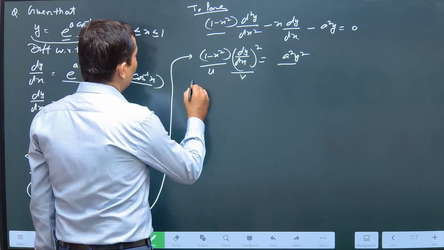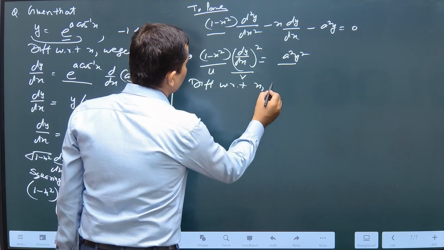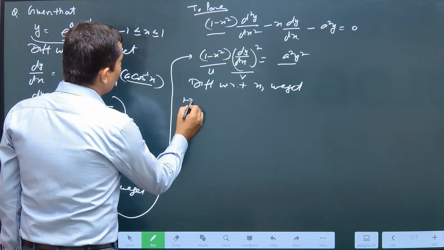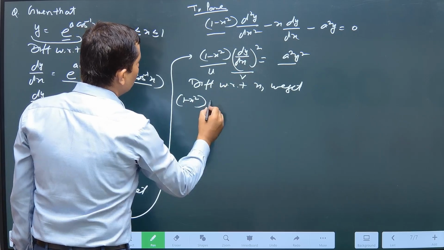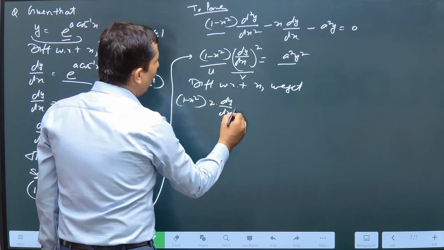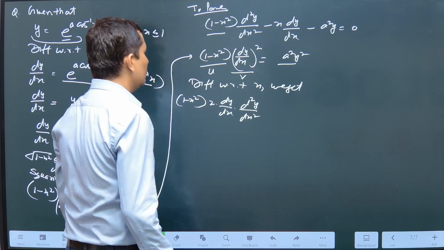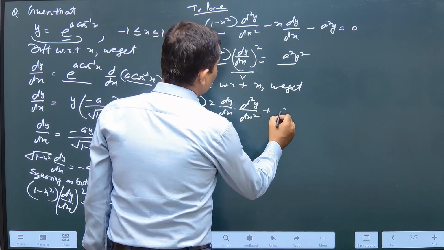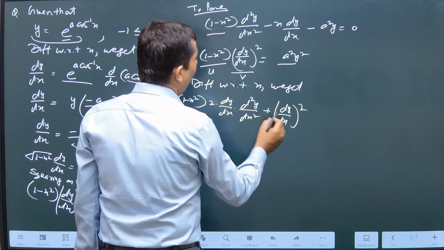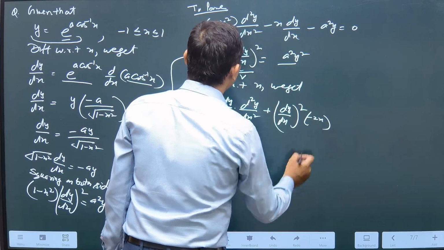By product rule, write down here, differentiating with respect to x, we get again 1 minus x square, derivative of this is 2 dy upon dx into derivative d square y upon dx square, plus dy upon dx whole square, derivative of 1 minus x square, 1 is 0, minus x square is minus 2x.